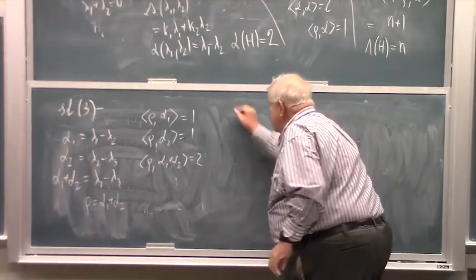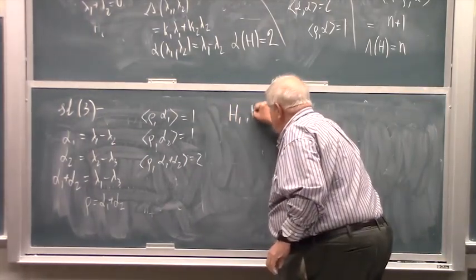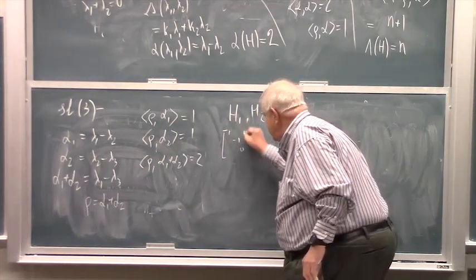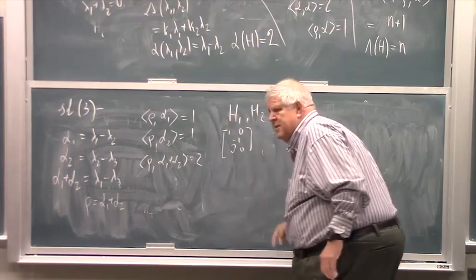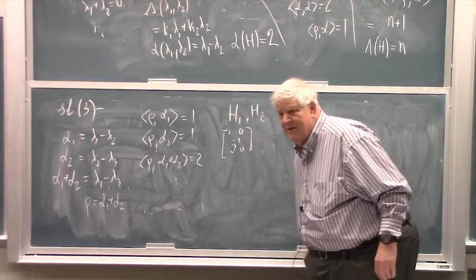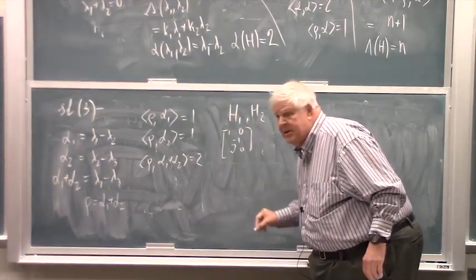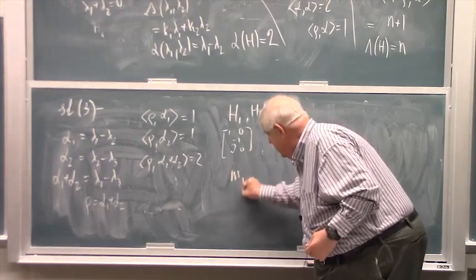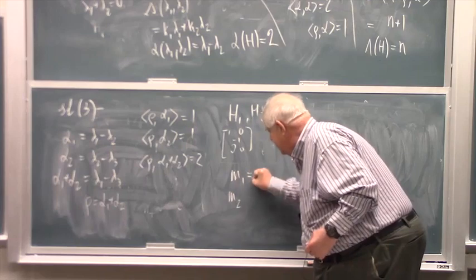Now there are h1 and h2. You understand what they are. So h1 is this, 1, minus 1, 0, and h2 is the same shifted down. So there are 2 numbers, m1 and m2, 2 integers.